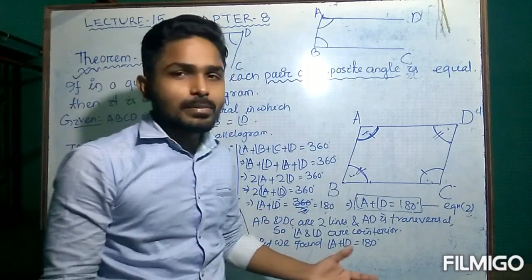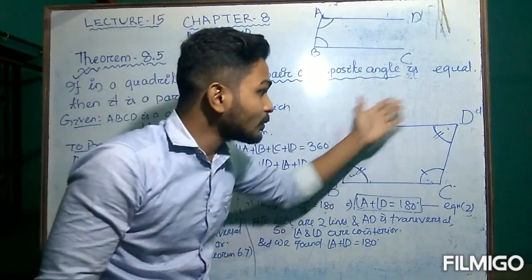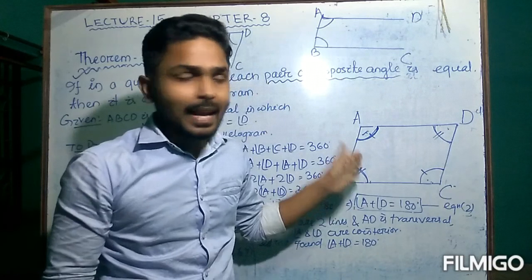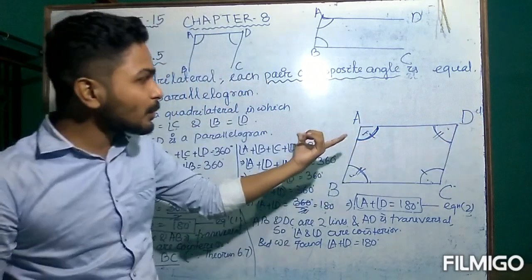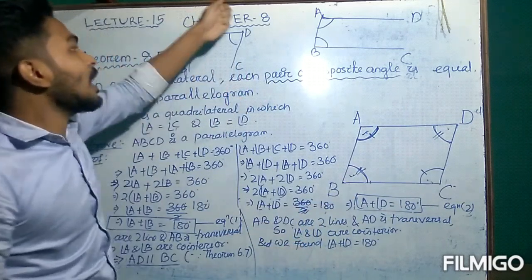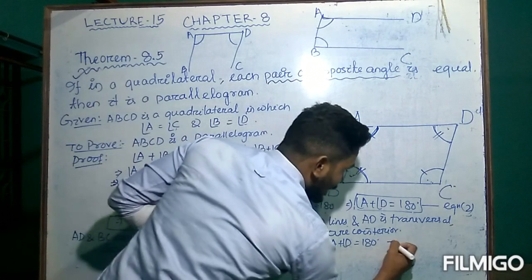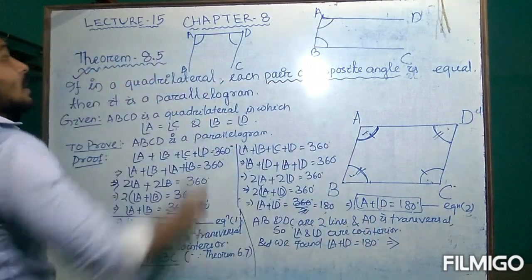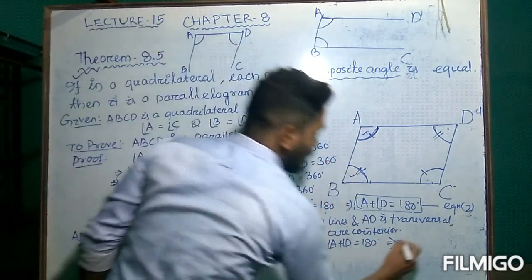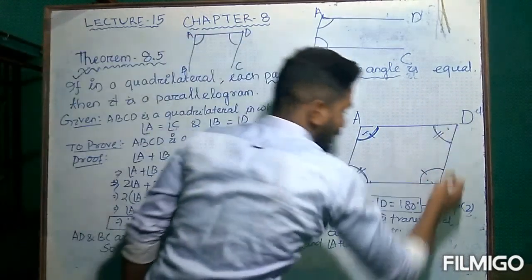Now, according to theorem 6.7, if there are two lines and a transversal line and the sum of two co-interior angles is 180 degrees, then the two lines should be parallel. So hence you can write it implies AB is parallel to DC.